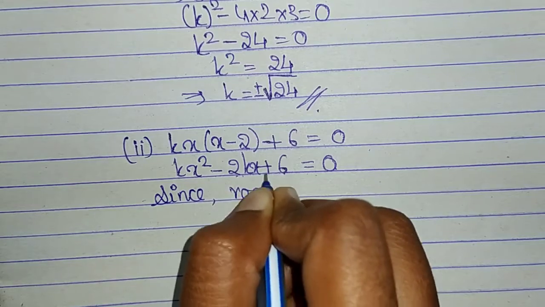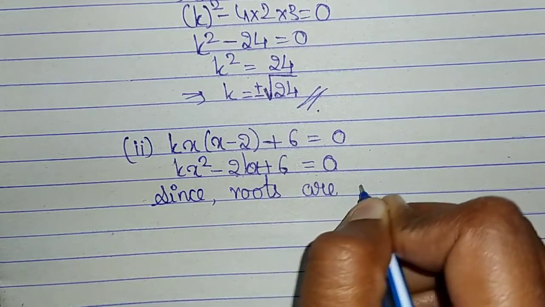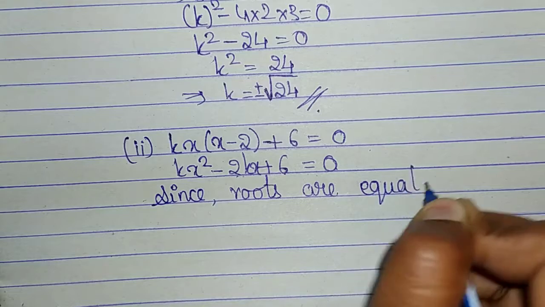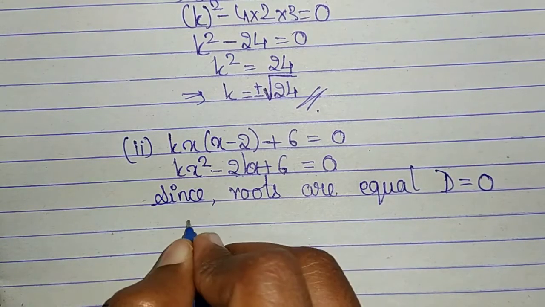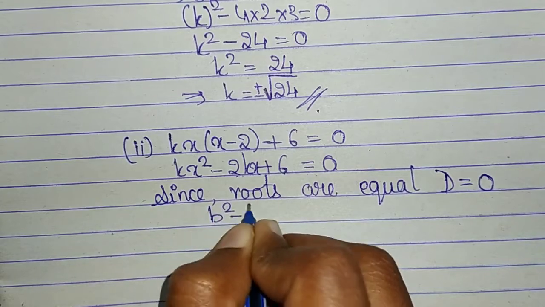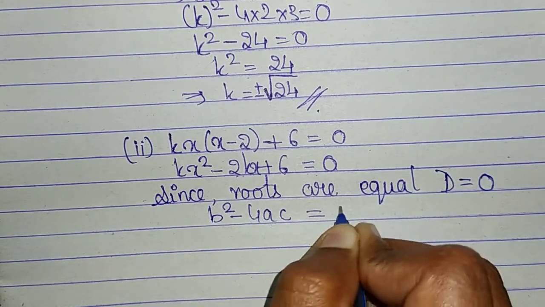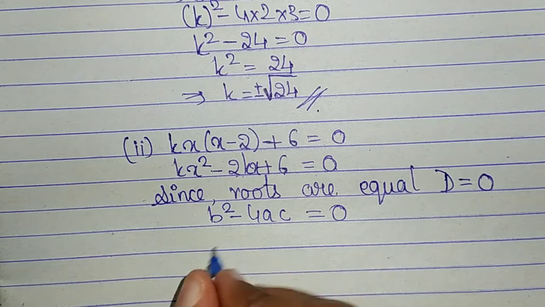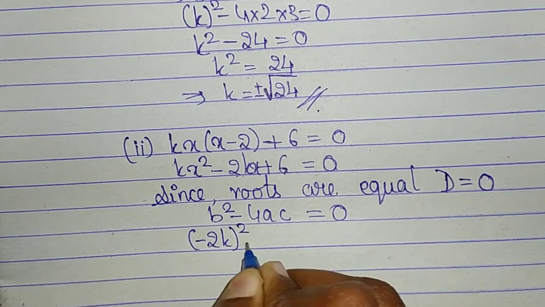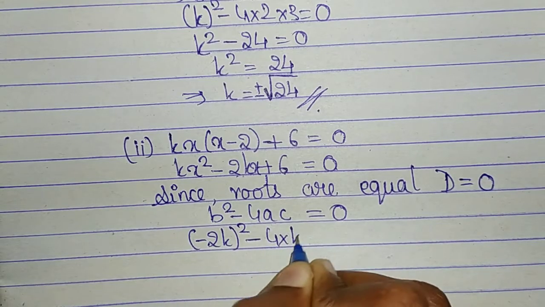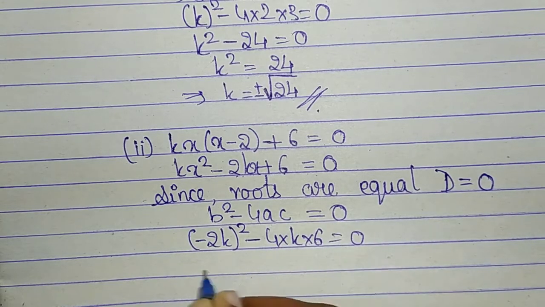So once again, since roots are equal, we know that the discriminant is equal to 0. Since the discriminant is 0, b square minus 4ac is equal to 0. So putting the values, minus 2k whole square minus 4 into k into 6 is equal to 0.